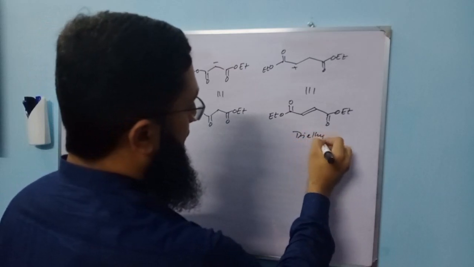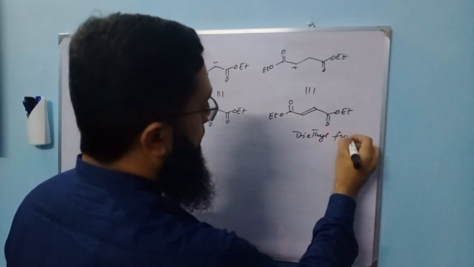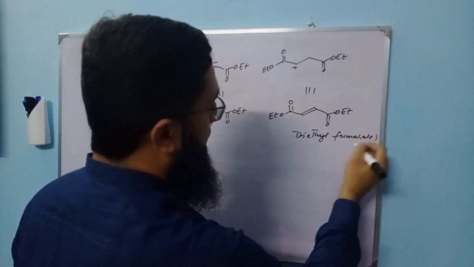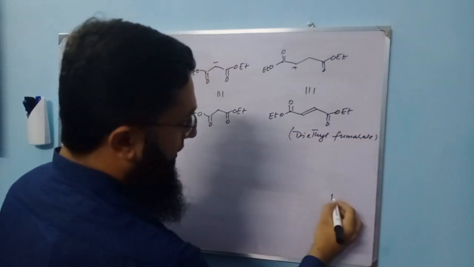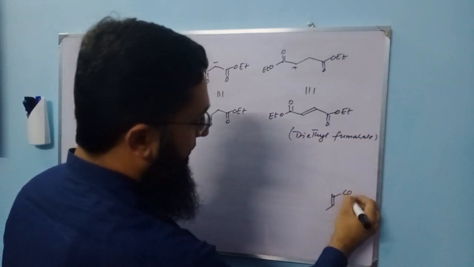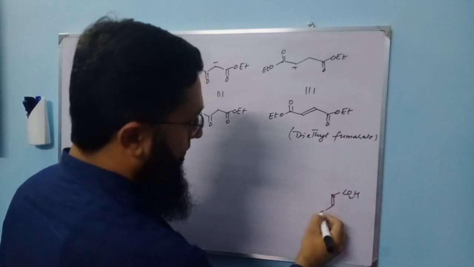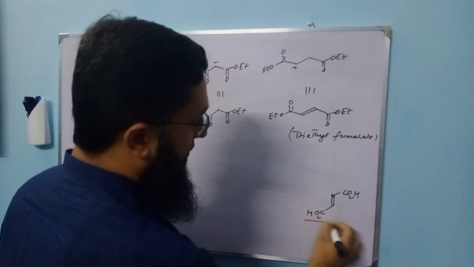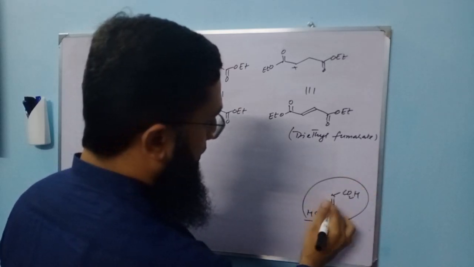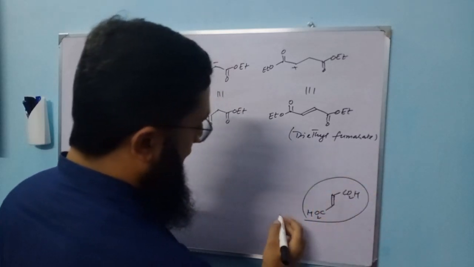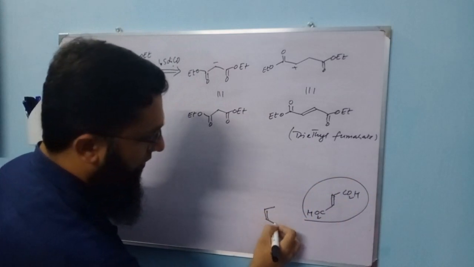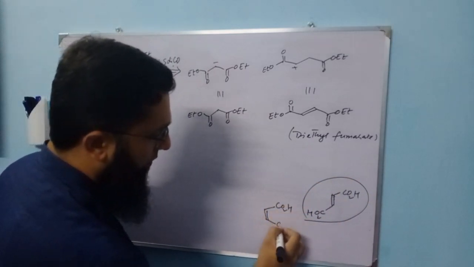This one is diethyl fumarate because it is a derivative of fumaric acid, which is trans, whereas cis is maleic acid.